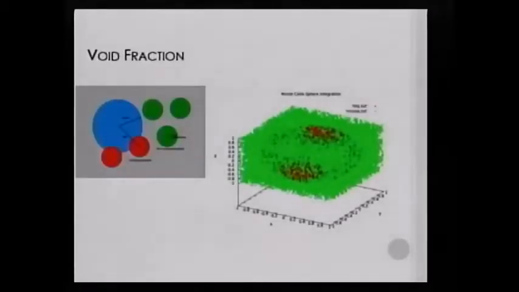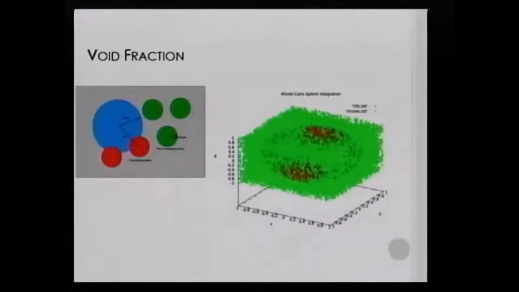Now I'm going to talk about some other tools that can help you understand or better identify your configurations, be it from molecular dynamics or from density functional theory calculations. First, how to calculate, for example, the void fraction of your simulation. If you have a porous nanomaterial, sometimes it's of interest to know the void fraction of the system.